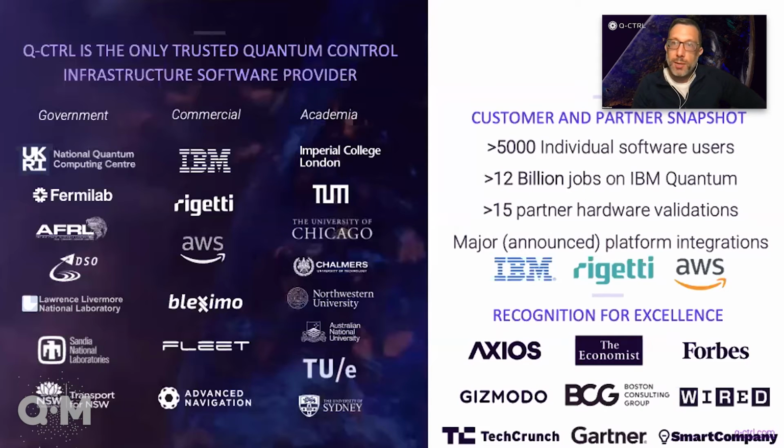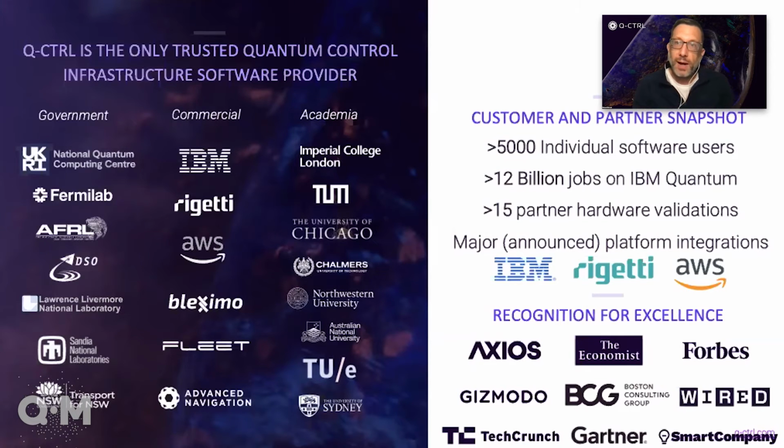We're the world's only trusted provider of quantum control solutions and quantum control infrastructure software. We service national laboratories around the world. We have commercial partnerships and commercial relationships with a wide variety of companies, including 2 that are actually on this call. We sell to academia. We also are very active internally.